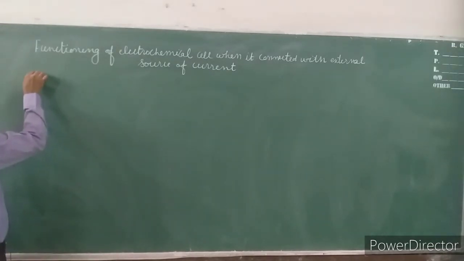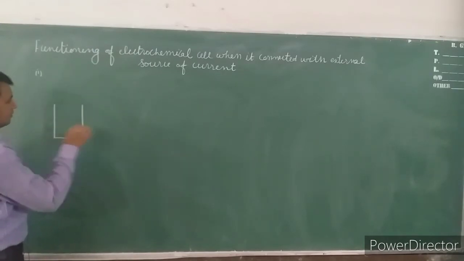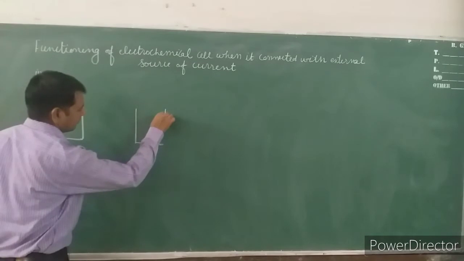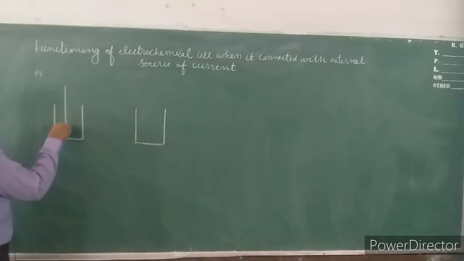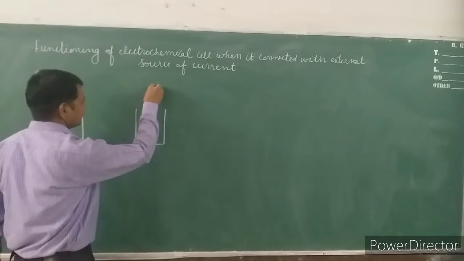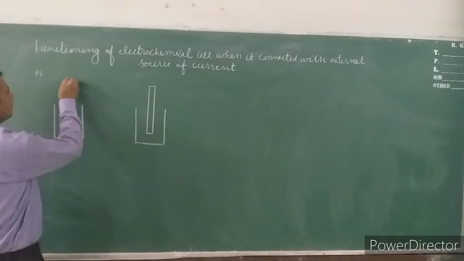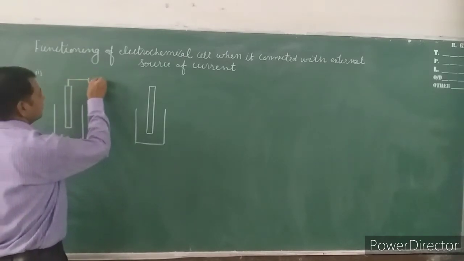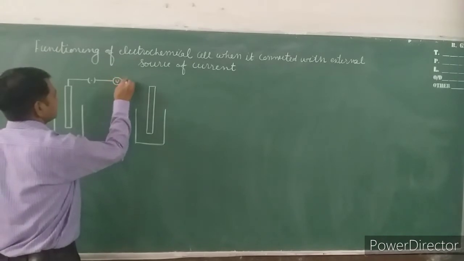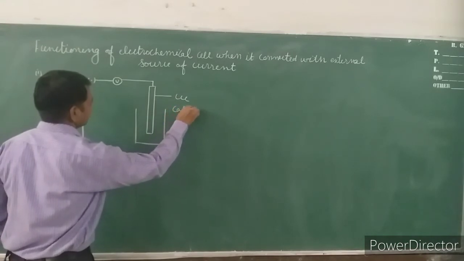In the first case, we will arrange an electrochemical cell in this manner. We know that in an electrochemical cell there are two electrodes. The first electrode is made of zinc, which works as an anode, and the second electrode, which is made of copper, works as a cathode.